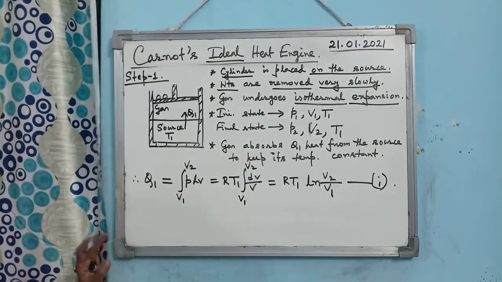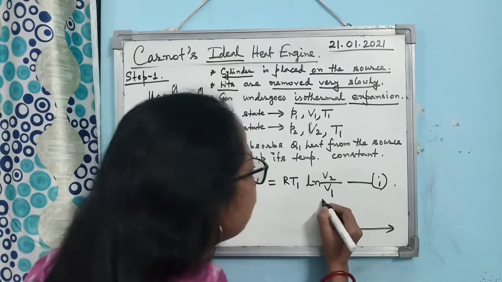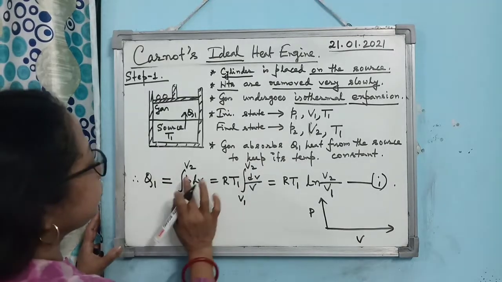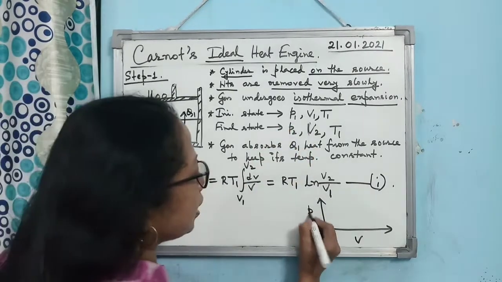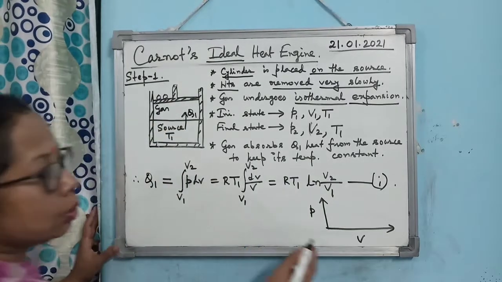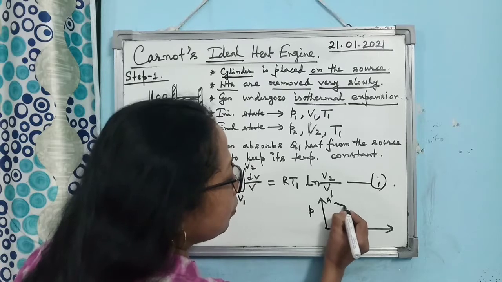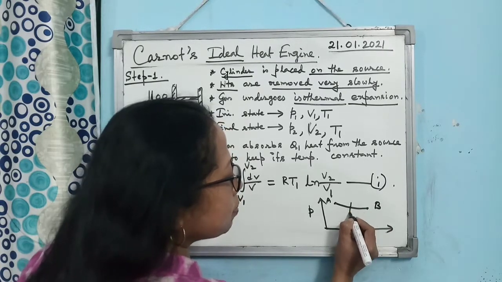Is that clear? And if you draw the P versus V graph, here I have taken small p only. So you see the graph will go from A to the point B, and it is an isothermal expansion.